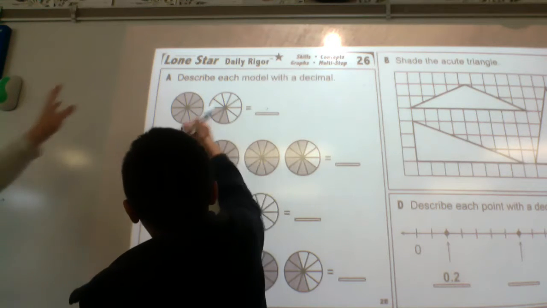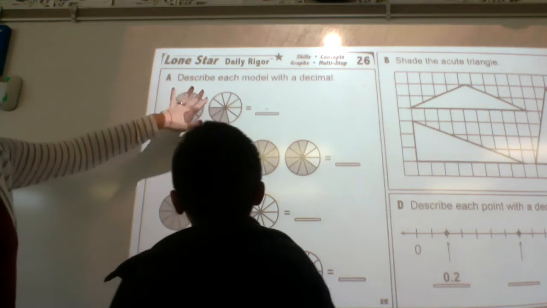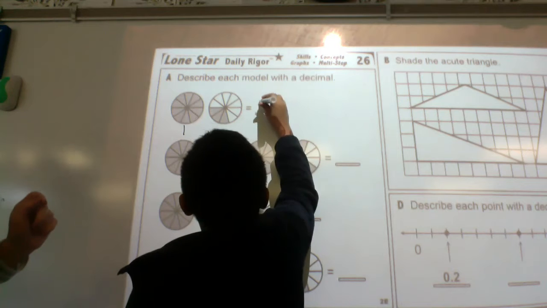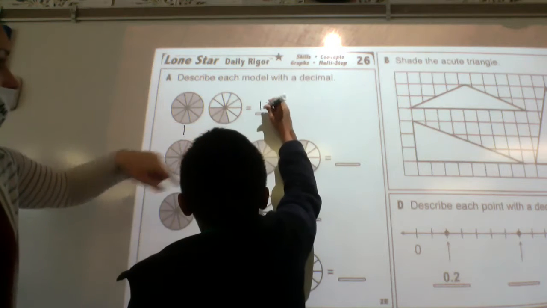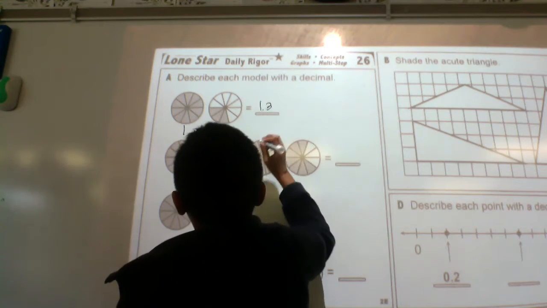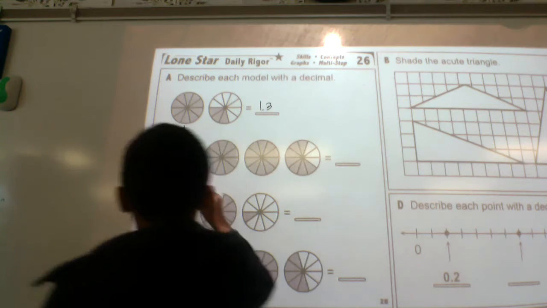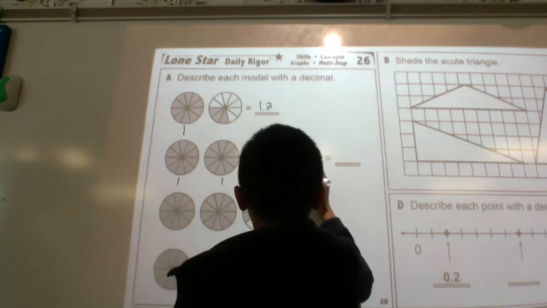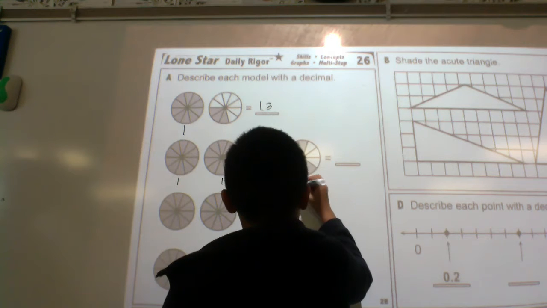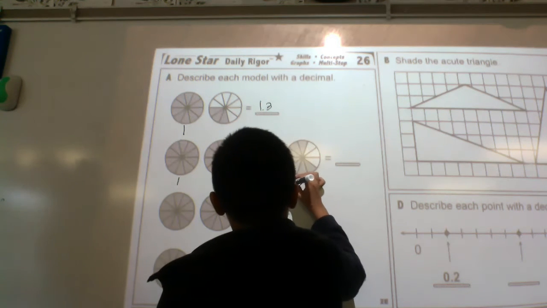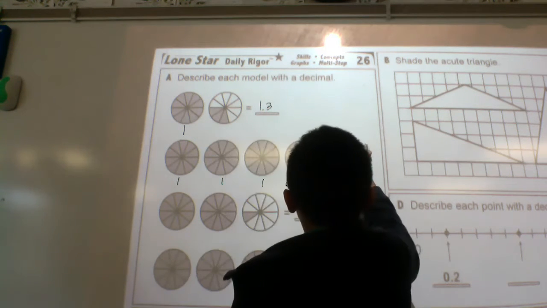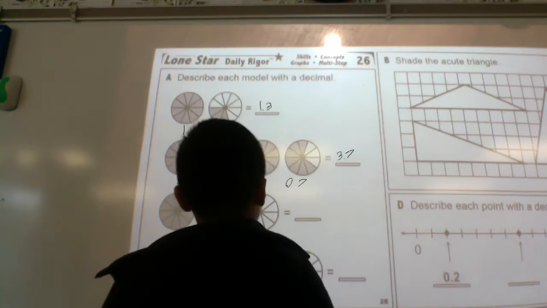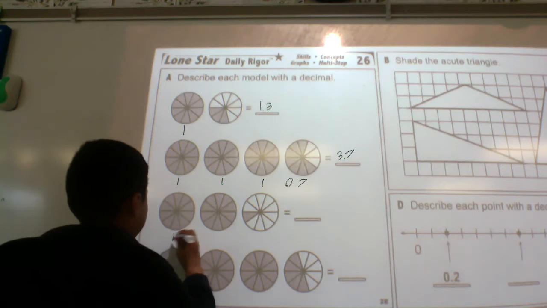Let me help you with this one. How many whole things are filled up? Okay, so write a 1 here. How many are shaded over here? See, that's it. Okay, so do the next one. How do I say that first number? 1 and 3/10, right? 1 and 3/10. All right, y'all say that number. 3 and 7/10.